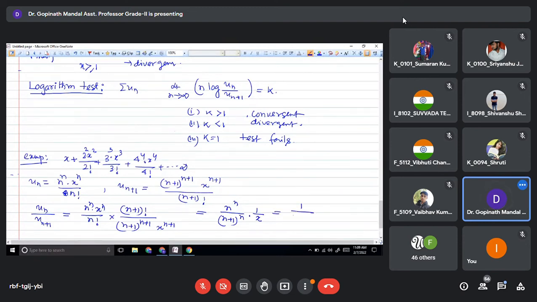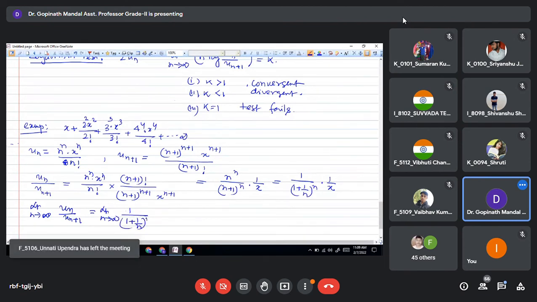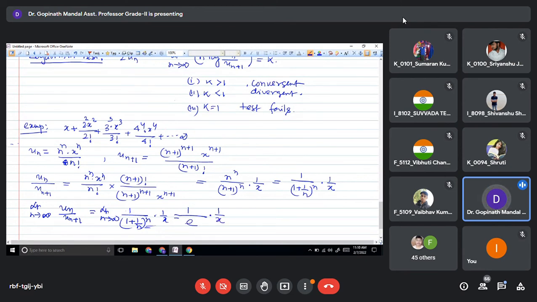So this is 1/(1+1/n)ⁿ times 1/x. Now the limit as n tending to infinity of un/un+1 is, actually, e times 1/x.